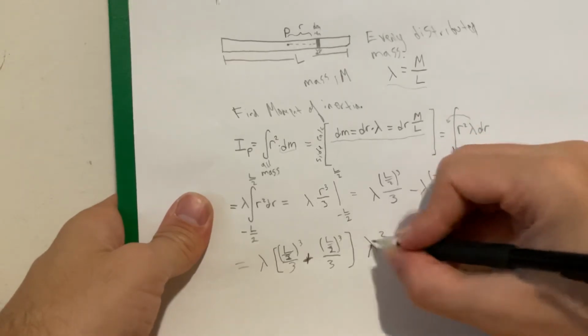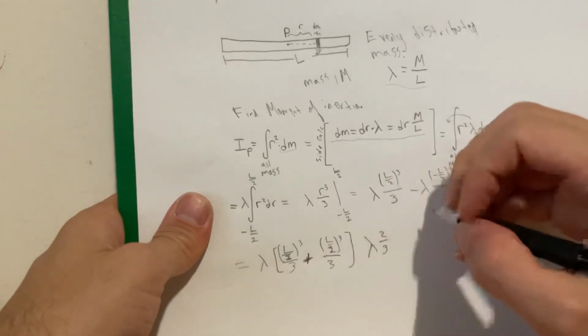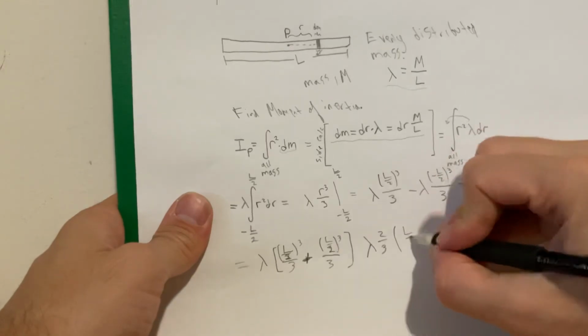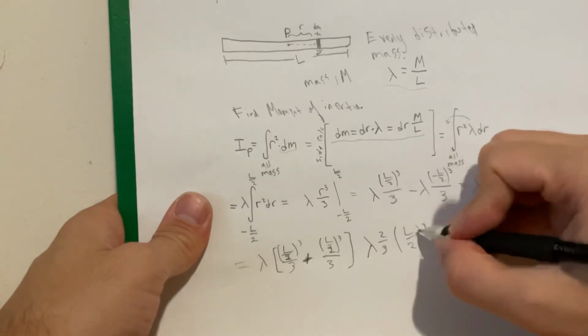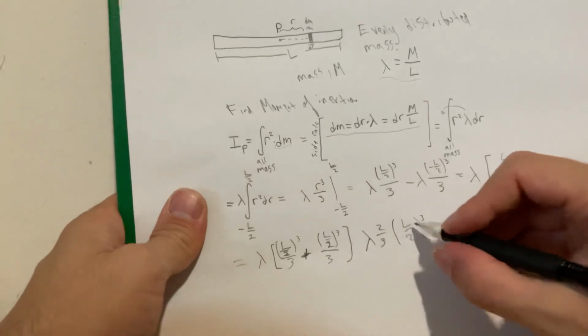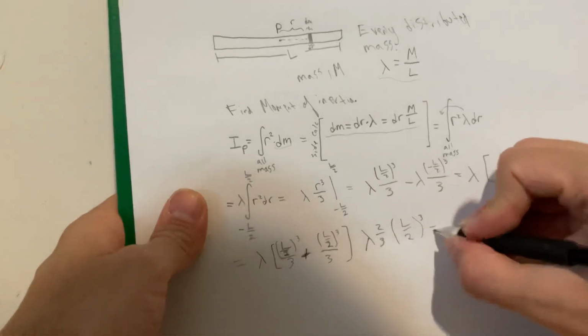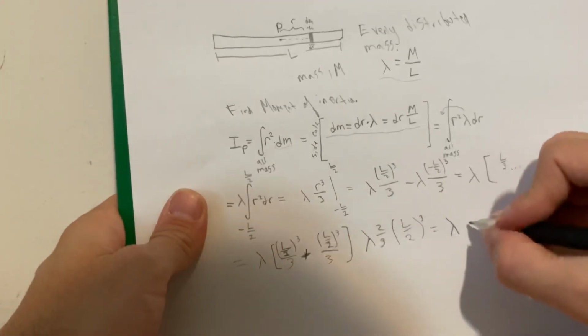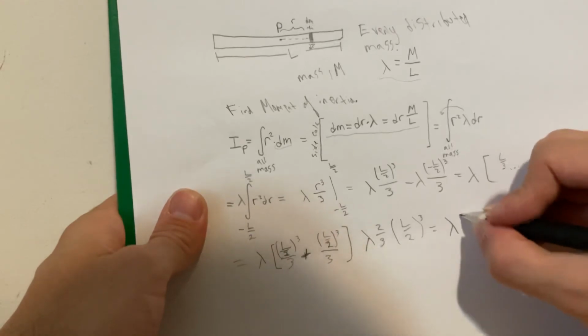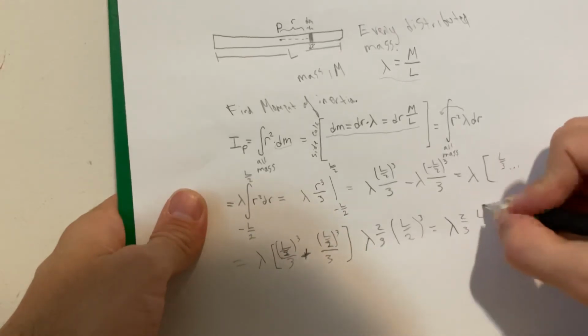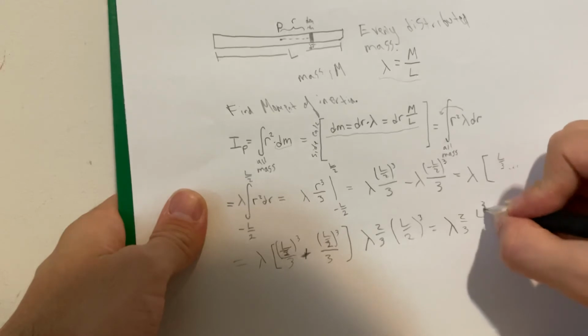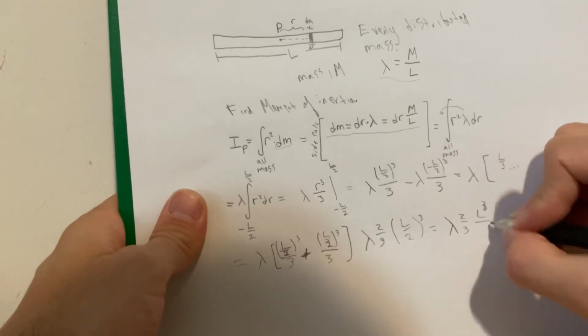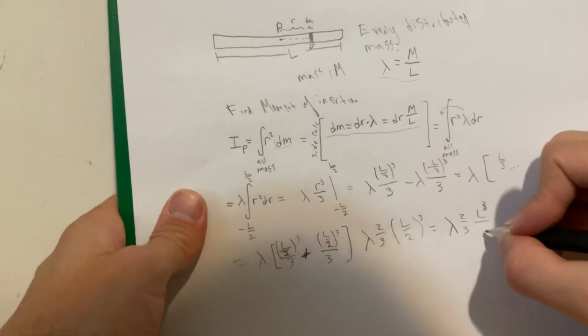And now let's write it like this: L over 2 to the third. We can write this as L to the third over 2 to the third. So lambda times 2/3 times L to the third over 2 to the third, which is 8.